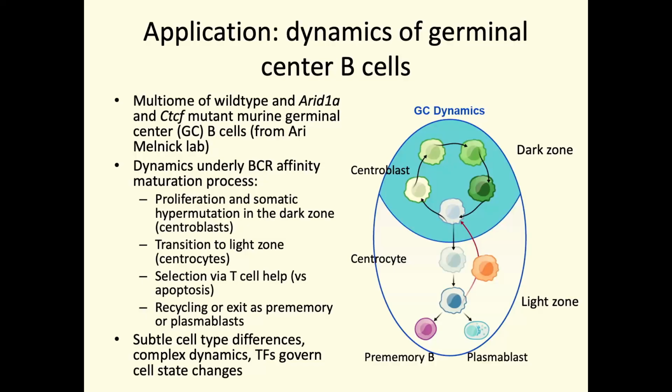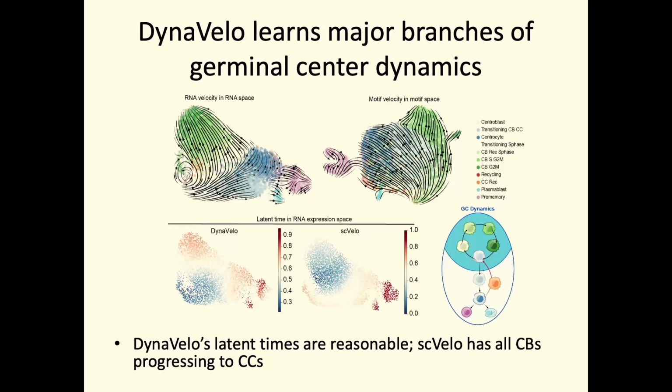So maybe the ATAC readout is important here, and this motif accessibility is important. So quickly, this is a visualization in RNA and motif space of the dynamics that we learn.